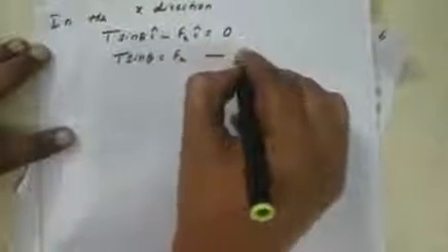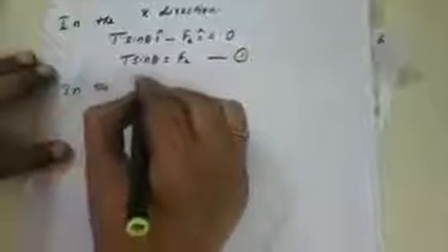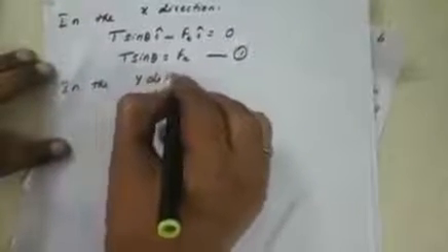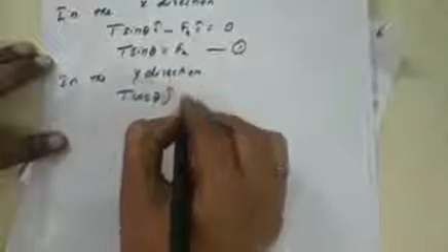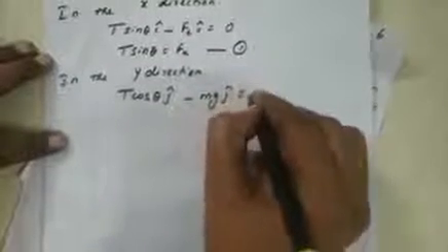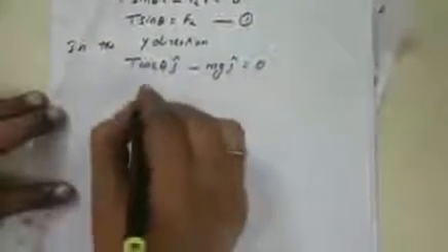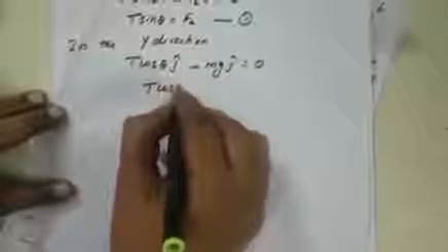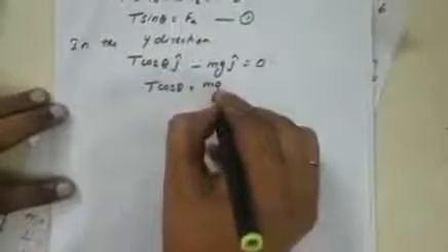This is equation number 1. Similarly, in the y direction, T cos theta j cap minus mg j cap is equal to 0. Here also the acceleration is 0, so ma is equal to 0. Cancelling the j vector, T cos theta is equal to m into g. This is equation 2.